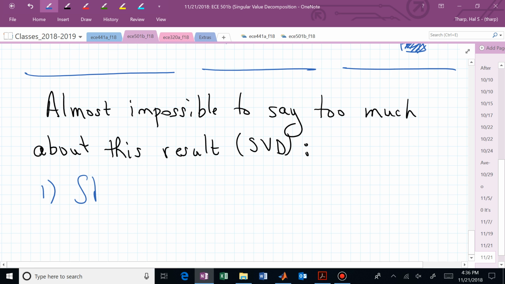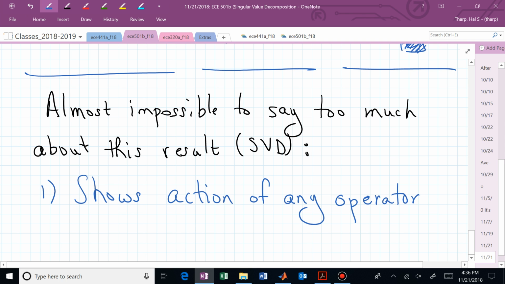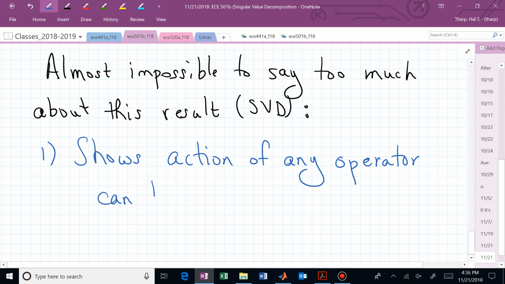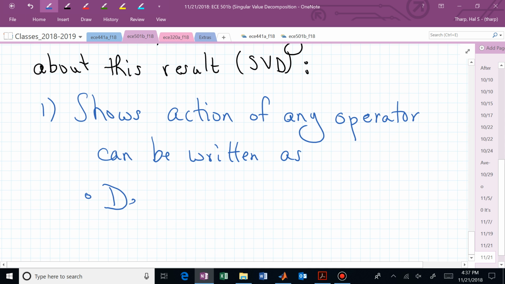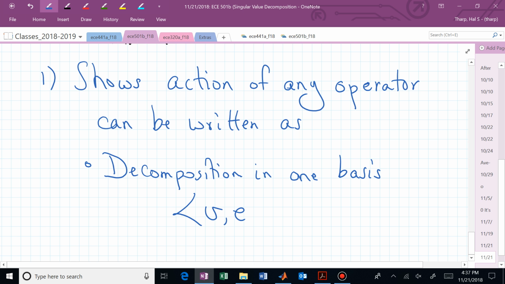One is it shows that the action of any operator, which we've been calling T, can be written as a decomposition in one basis. That's the V with E sub i's.